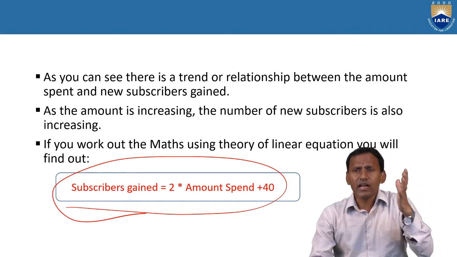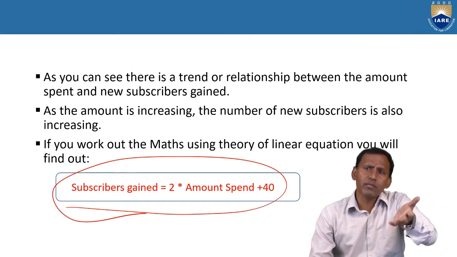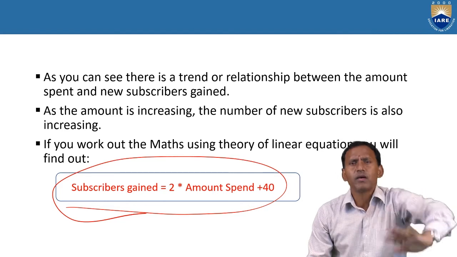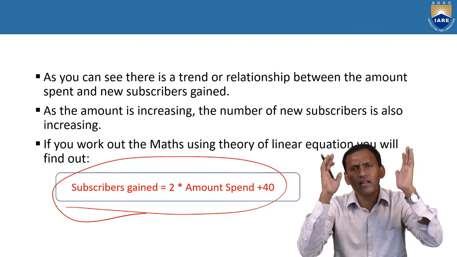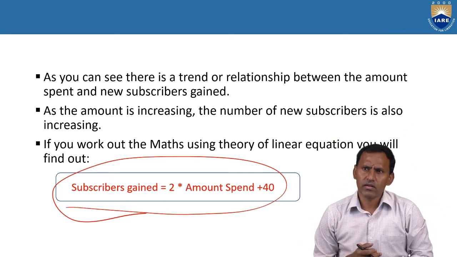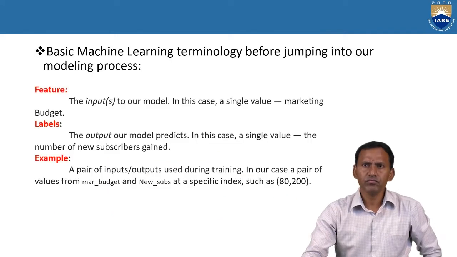Subscribers gained is equal to 2 times amount spent plus 40. That is the trend in that table data, right?